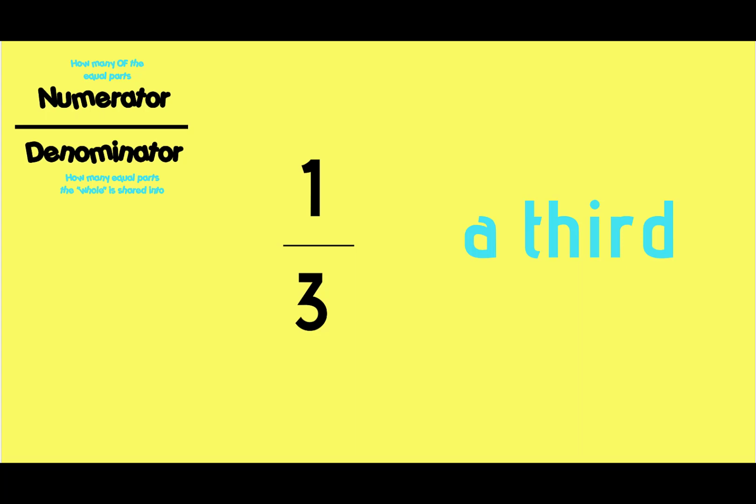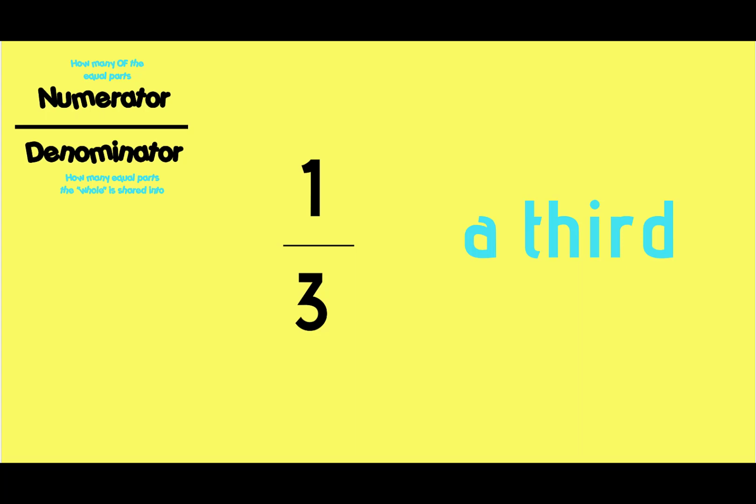So 2 is a half, 3 is a third, 4 is a quarter. After that, all the numbers do tend to follow this third rule. So we've got a third, then we've got a fifth, a sixth, a seventh, an eighth, a ninth, a 10th, an 11th, a 12th. But if you can remember, the half and the quarter follow a different rule, and remember those vocabulary, remember the names of those fractions.